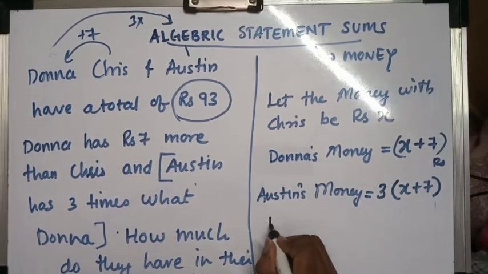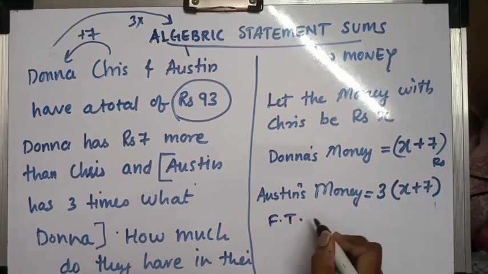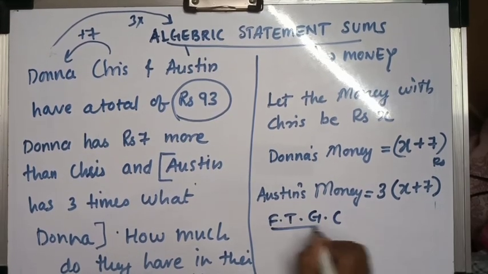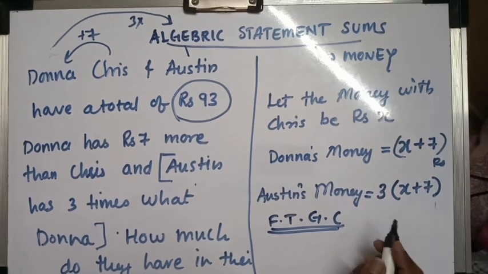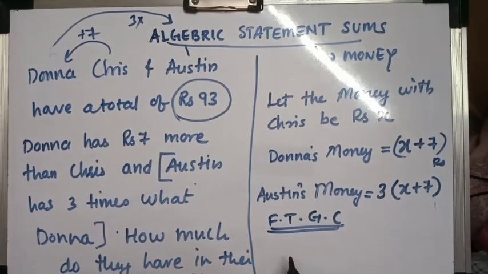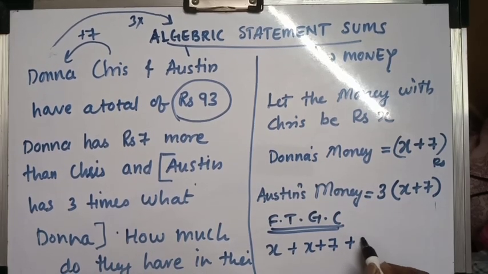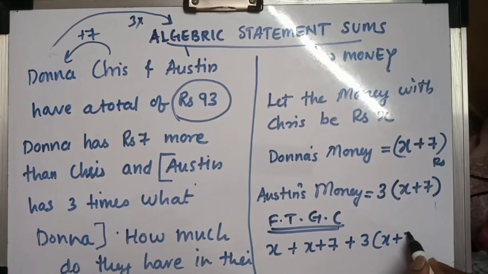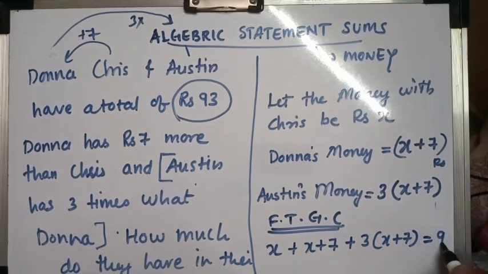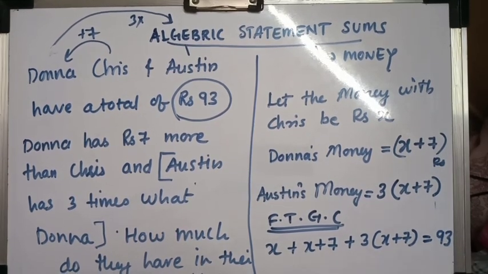Now from the given condition, what condition is given? That all of them have 93 rupees, means the money with Chris, the money with Donna, the money with Austin, all is equal to how much? 93 rupees. So children, you calculate this, what will it give you?